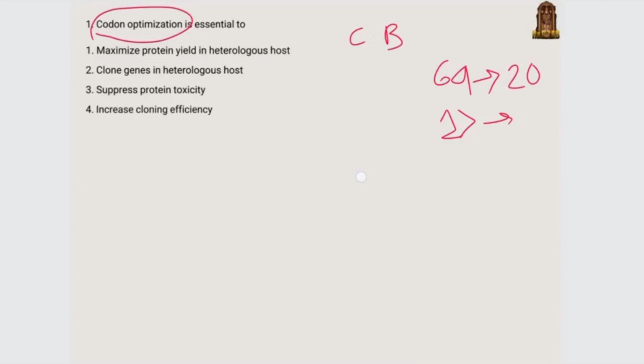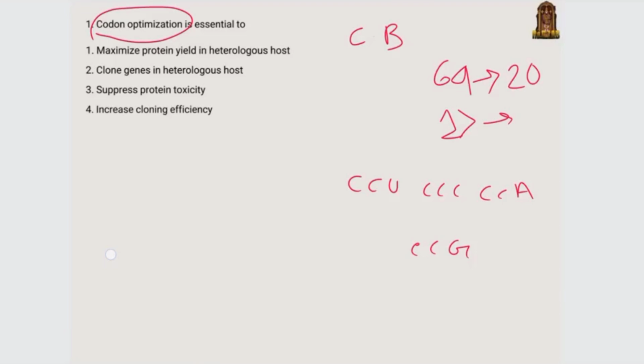For example, for proline you can get 4 codons: CCU, CCC, CCA and CCG. All of these codons end up synthesizing the proline amino acid, but they have some biasness.